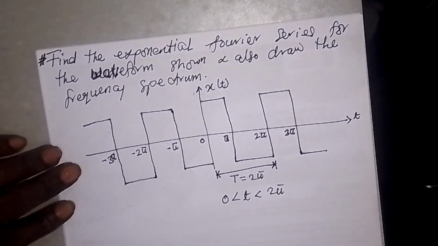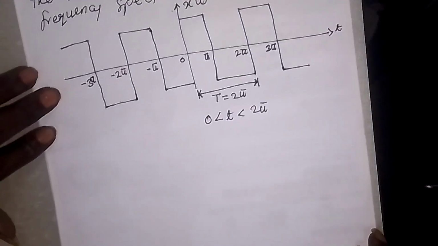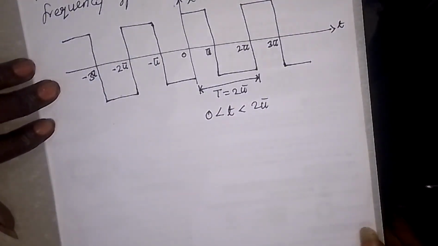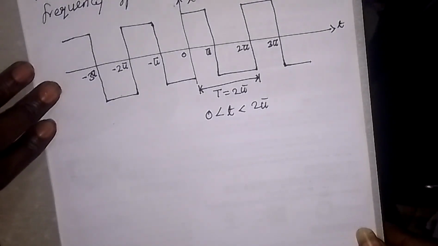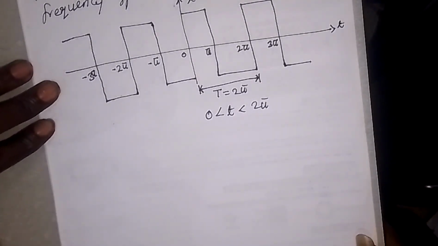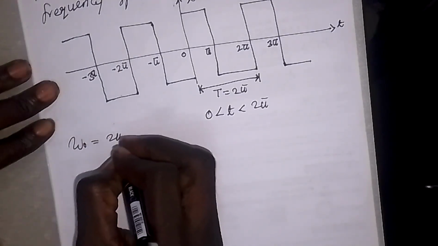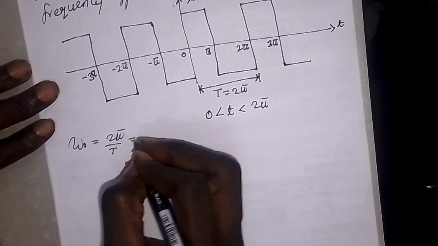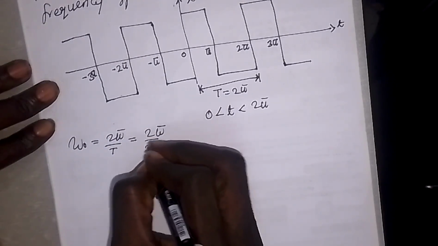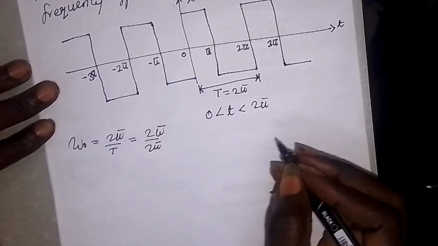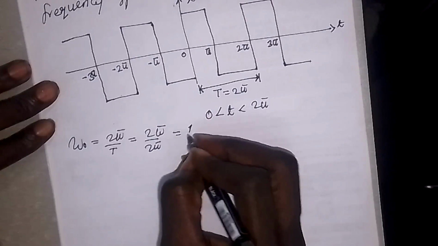So in this case, our omega naught is equal to 2 pi on T, which is equal to 2 pi on 2 pi, which is equal to 1.